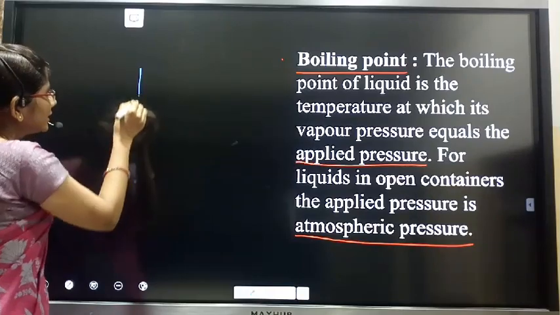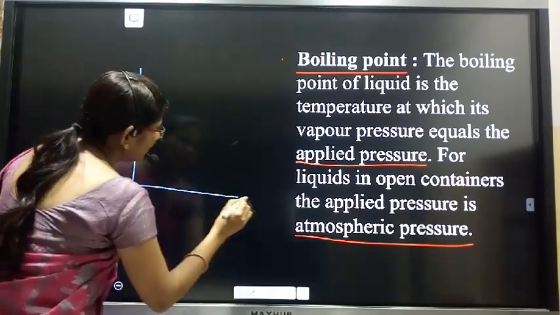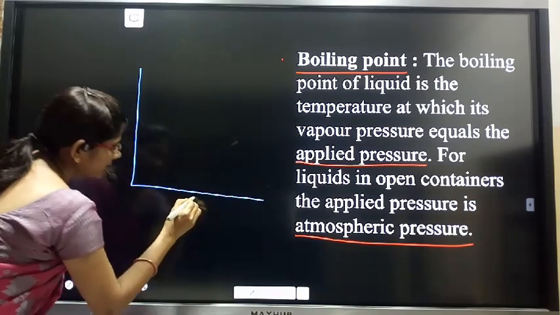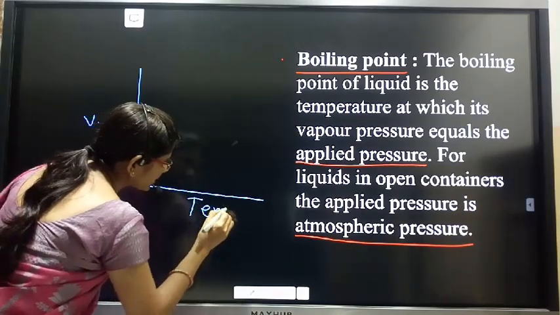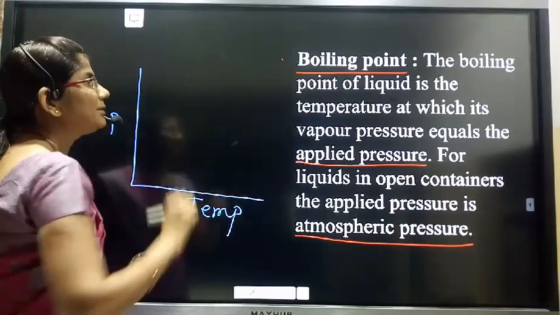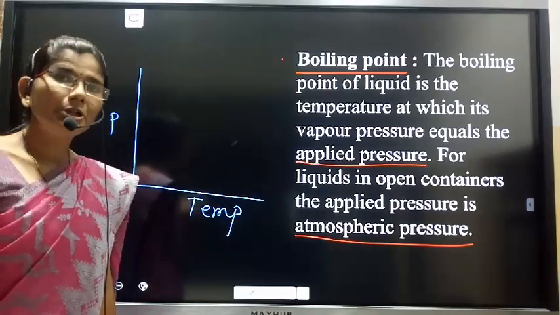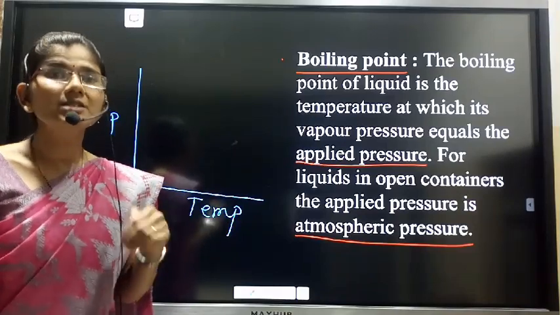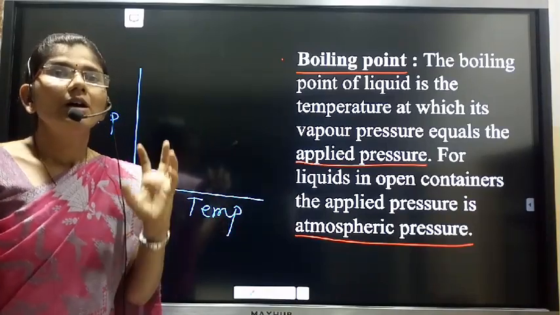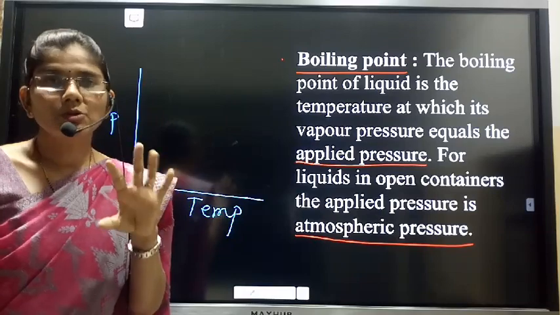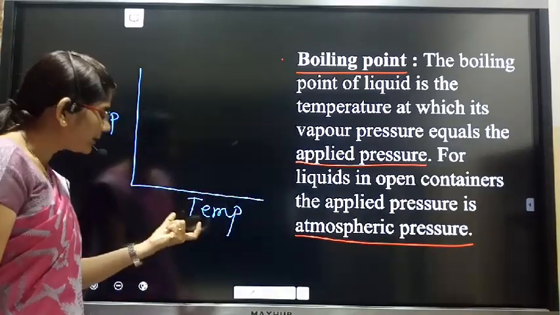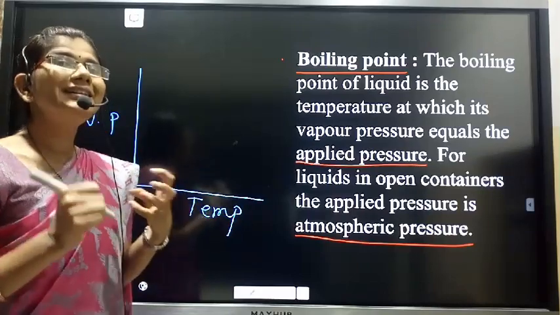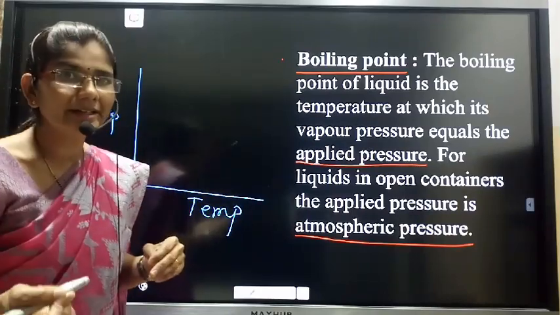So here we have to draw a graph of vapor pressure versus temperature. What is the boiling point? The elevation in boiling point has a direct consequence with the vapor pressure. So from the vapor pressure temperature graph, we have to predict how the boiling point gets elevated.